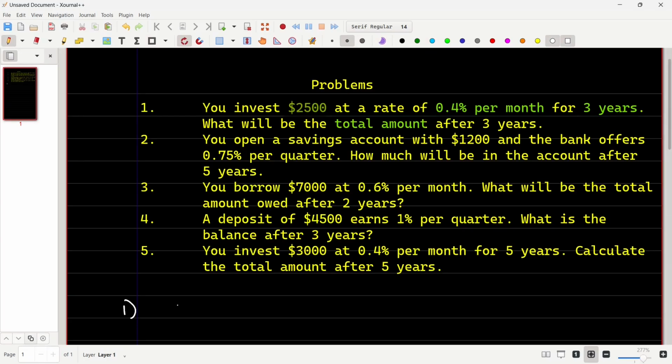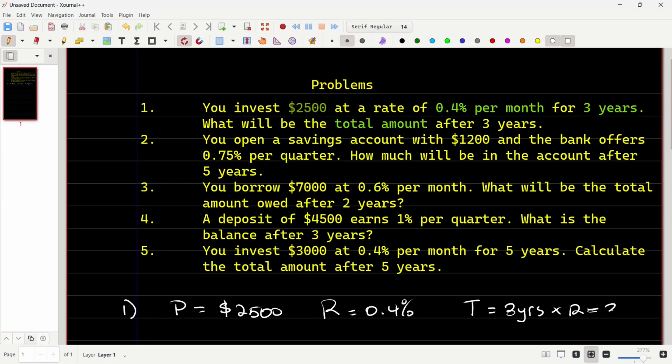So we use our formula, and we first identify all the parts. The principal is 2,500. The rate is 0.4% per month. Since it's per month and we're looking at a time period of 3 years, we take 3 years and multiply it by 12 months per year, and that gives us 36 months.